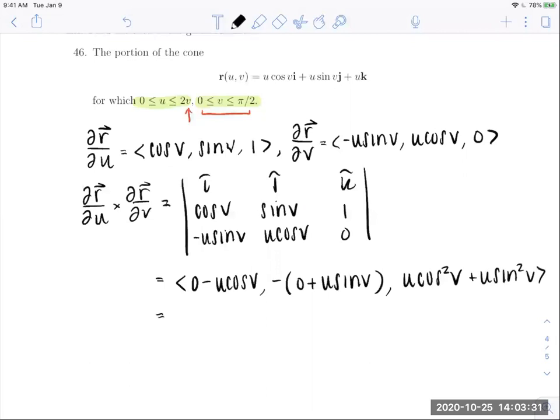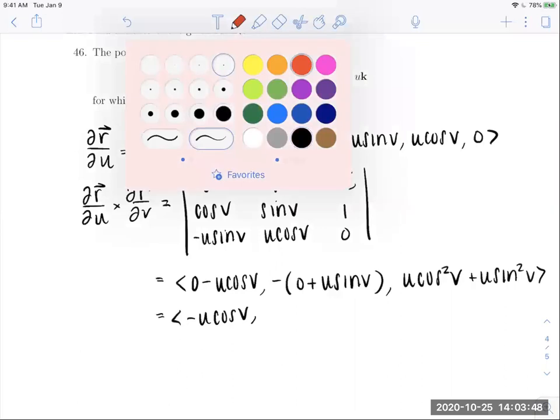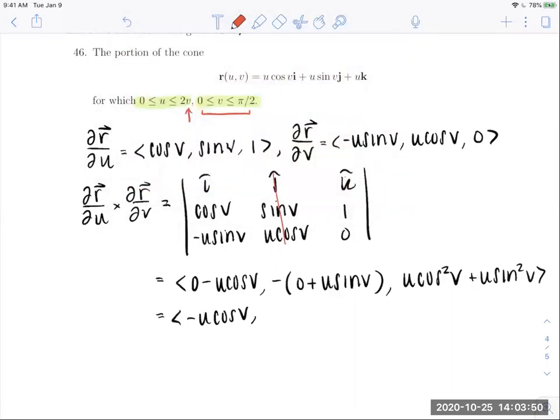All right, so I can drop all my zeros. I have a negative u cosine v. And then here it looks like I have a negative u sine v. Let me make sure that's correct. If I strike through this row and column, I get 0, 0 minus a negative becomes plus.